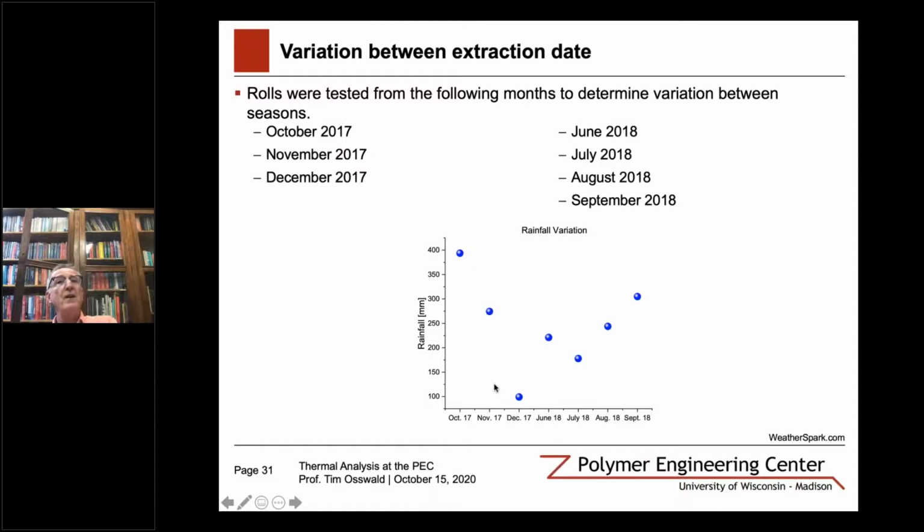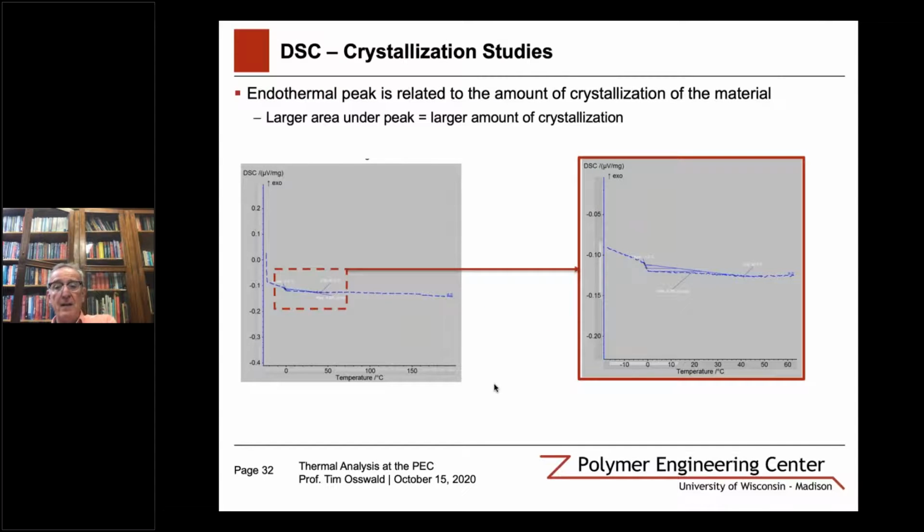And the question is, does rainfall have an effect on the final property of the rubber? And so we used material characterization to assess that. The first thing that we did is we used our Polymer Netch system to measure the crystallinity in the rubber.